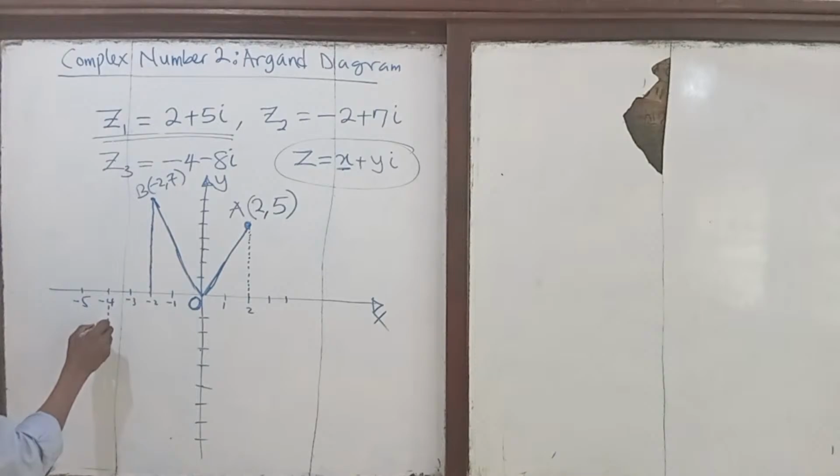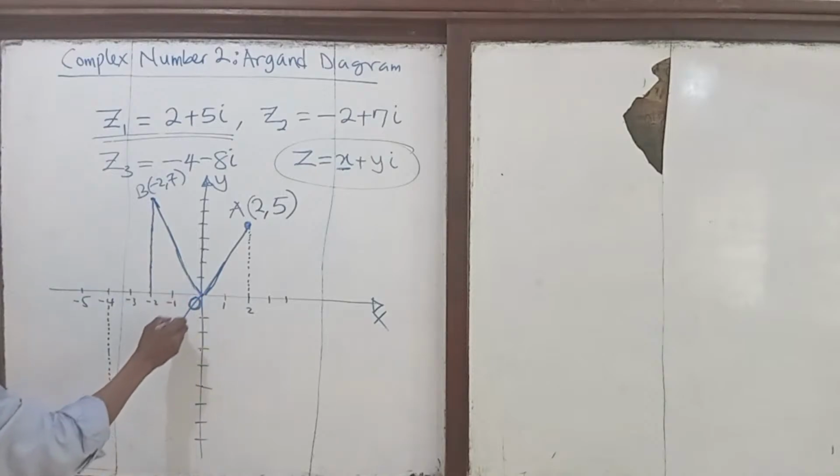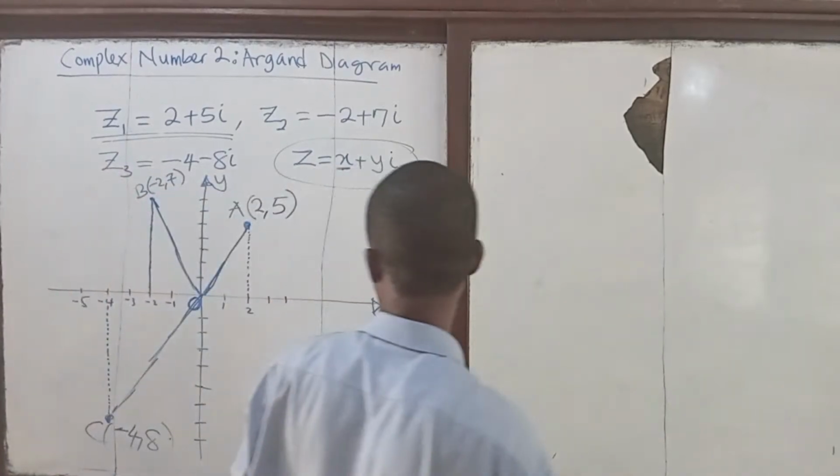Then you go there, indicate the point, draw the straight line and connect it from the origin. So this is point C for z3, minus 4 comma 8. So that's just the sketch of the Argand diagram.